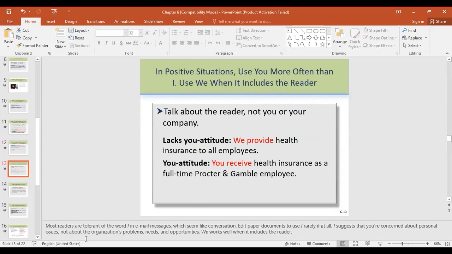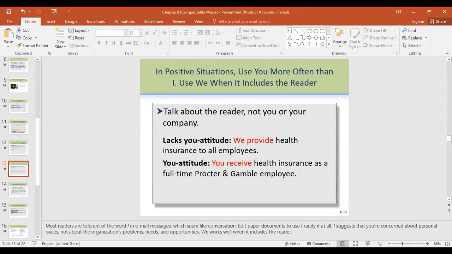Okay, now we need to move to another point, number 4, which is talking about positive situations. Use you more often than I. Use the word you more often than I, okay? Use we when it includes the reader.